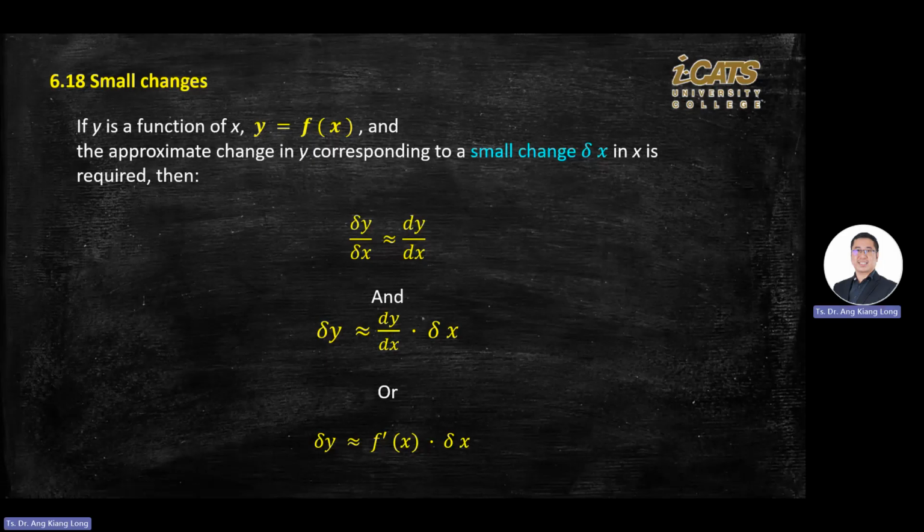If the question asks you about small changes, meaning delta something, you can use this curly sign, which means very near to dy dx. If you want to change to equal, you use a limit. You apply the limit equals 0, then it becomes equal to dy dx. But in this case, if you just want to calculate small changes, this is the equation you can use.